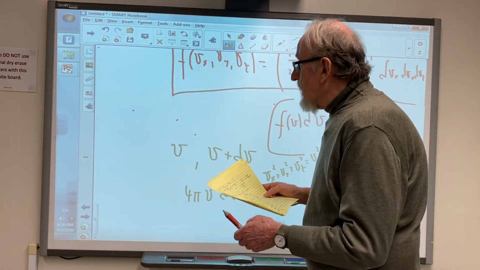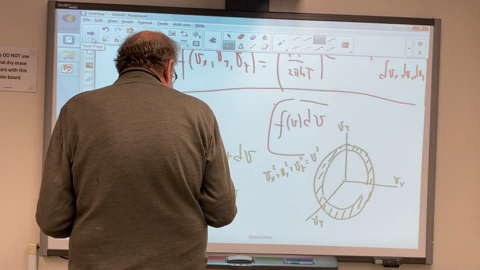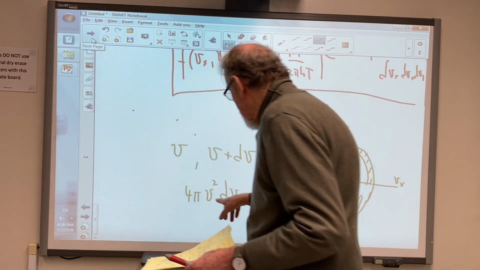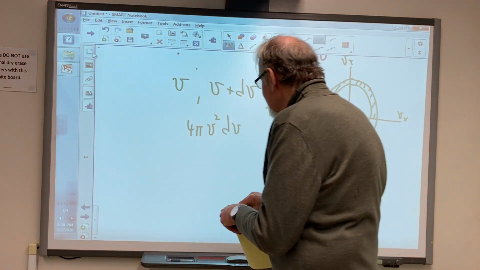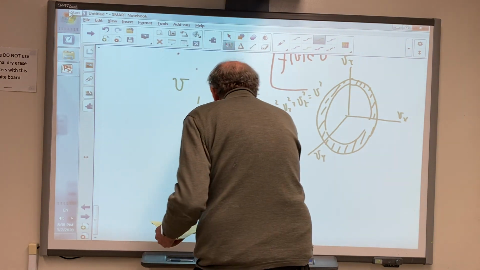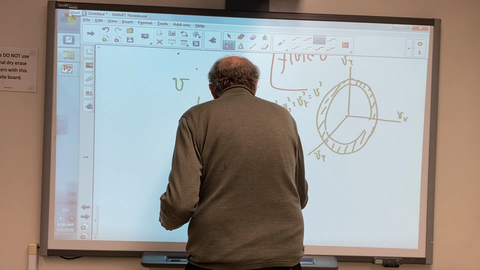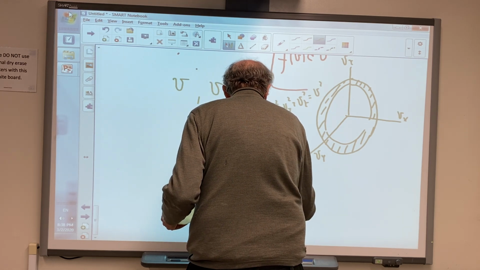Essentially you see what I am saying. Forget about this factor. What you see is that the distribution will contain the factor v squared multiplied by e to the minus m v squared over 2kT.